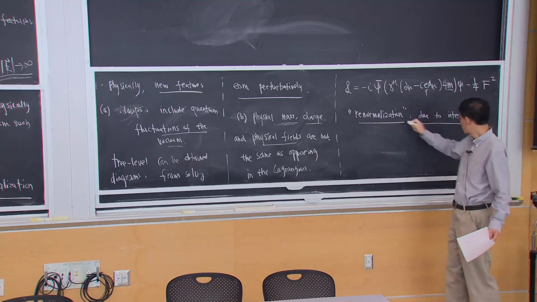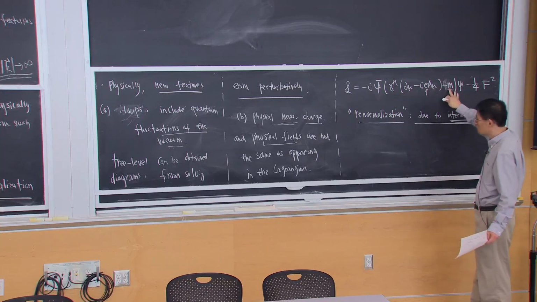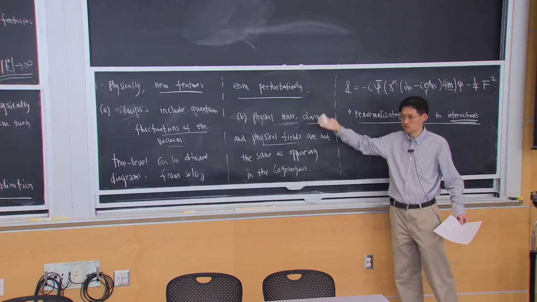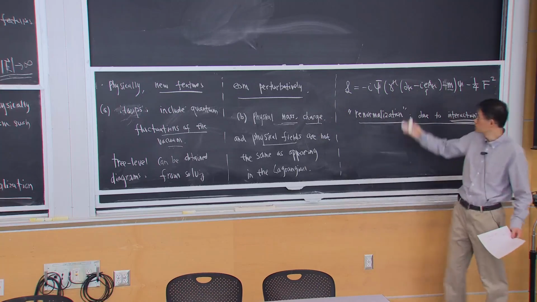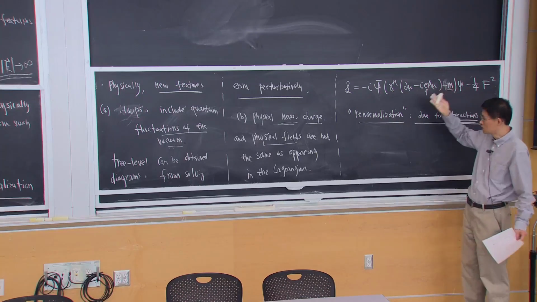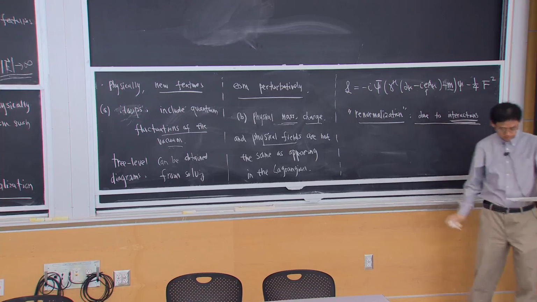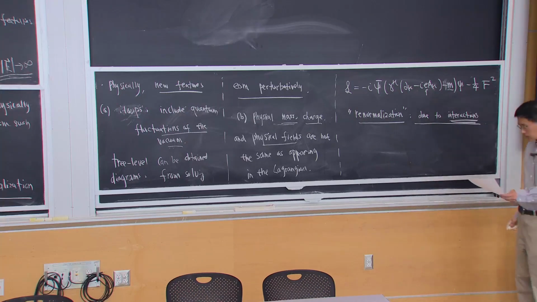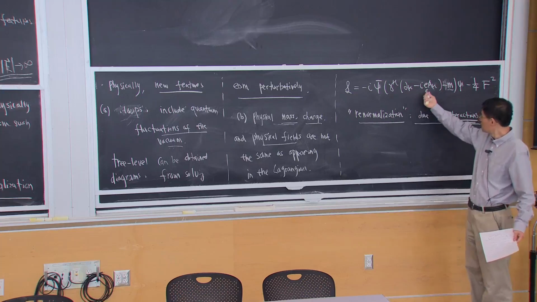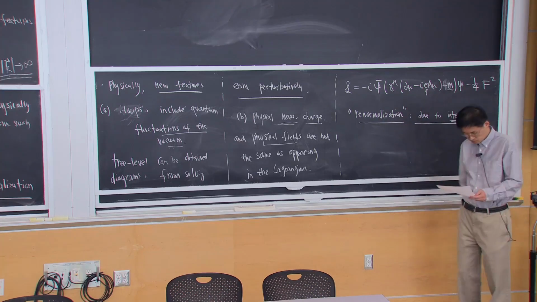In general, for an interacting theory, what appears in your Lagrangian doesn't have to be the quantity you actually measure, because the interactions change how you translate those quantities into the physical quantities you measure. So this renormalization just changes the value of your parameters.